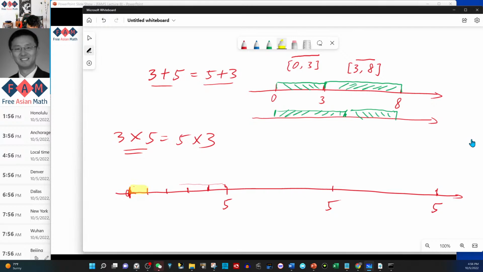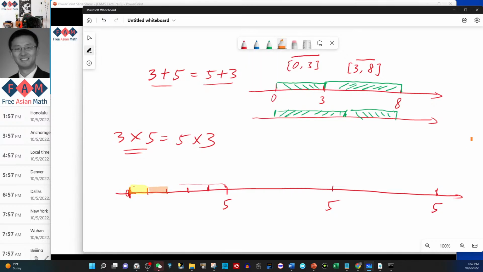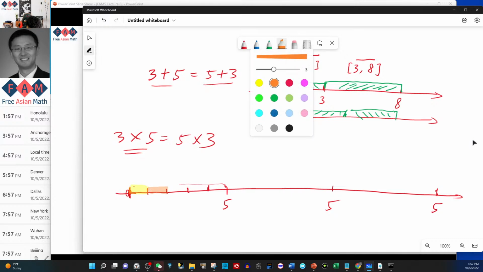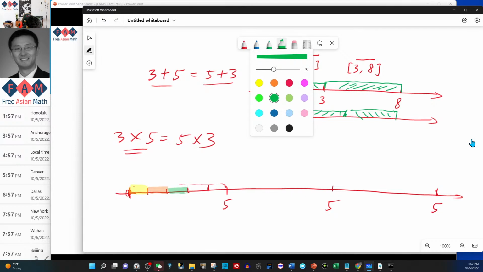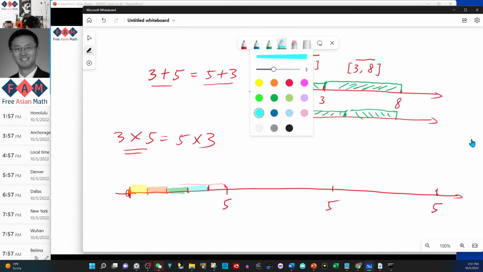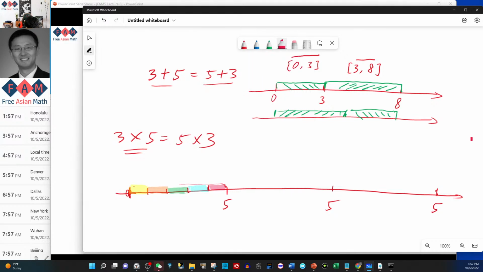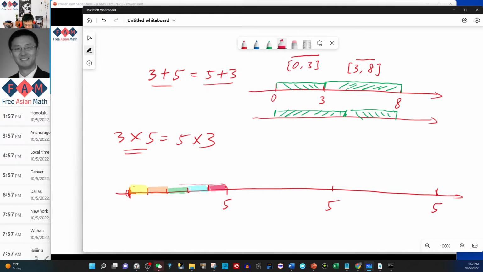The first one is yellow, the second one is orange, the third one is green, the fourth one is blue, and the fifth one is red. This is not red enough, but maybe that's as red as it can go.